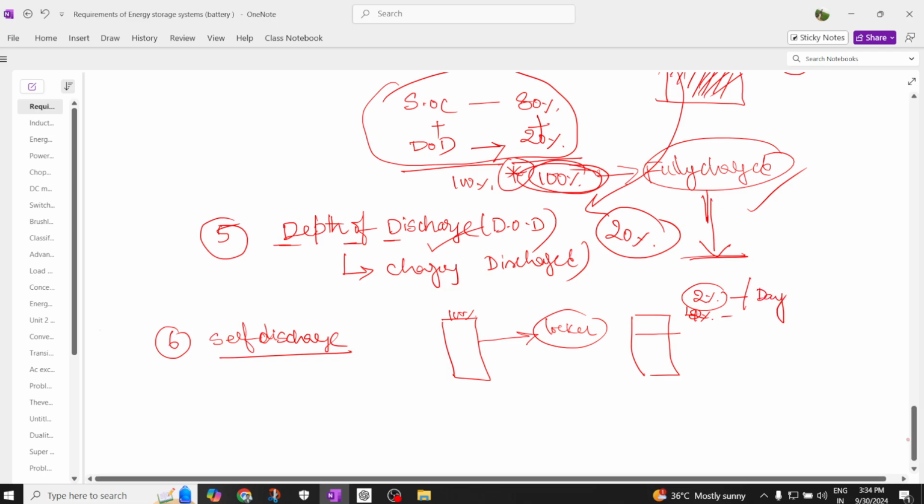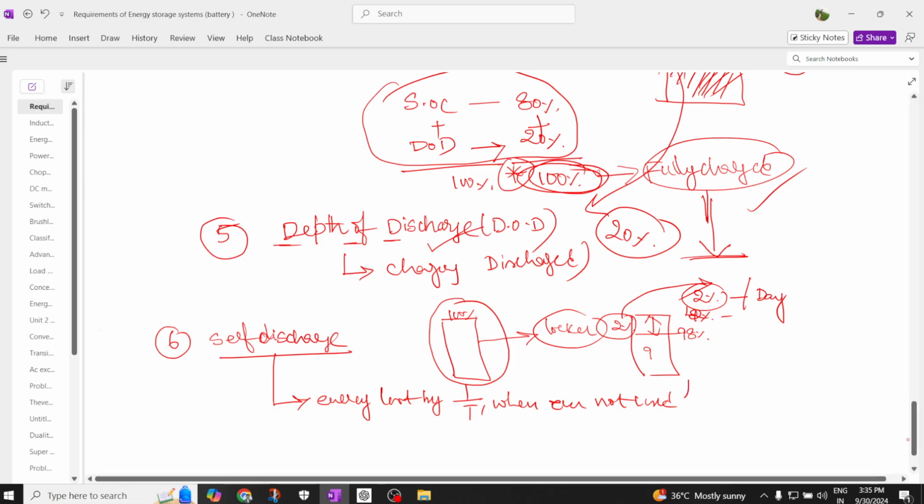For example, the amount of charging available in our battery is 100%, and you have kept it in the locker for 1 day. So 100 minus 2 is 98% of charging available, and the percentage discharged is 2%. So what is self discharge? Self discharge is nothing but the energy lost by the battery whenever it is not used for a longer time.